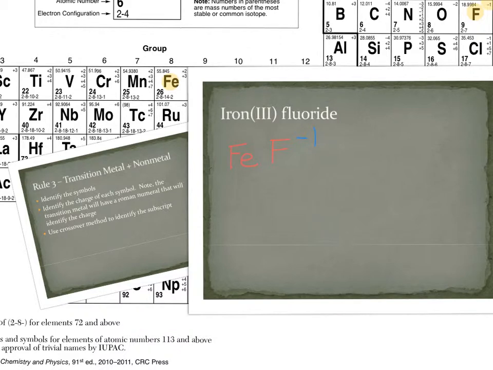So iron will be a positive 3 charge. So now we're going to use the crisscross rule. And we see that Fe is 1 and F is 3. And remember, we don't keep this 1, so we're going to rewrite this chemical formula to be FeF3.